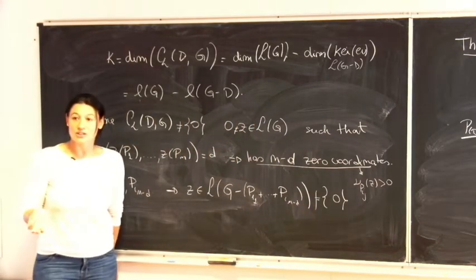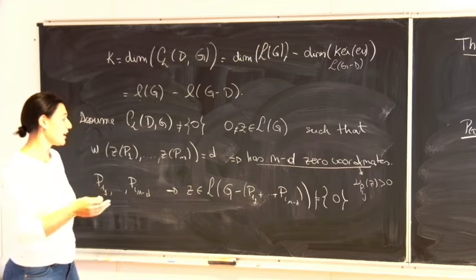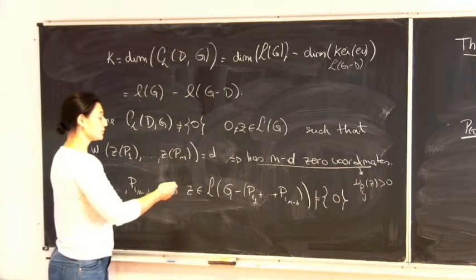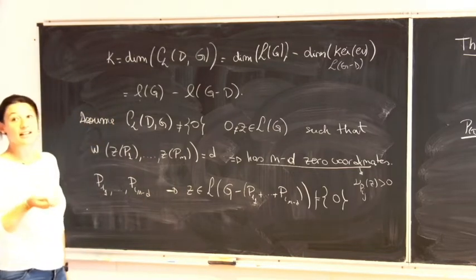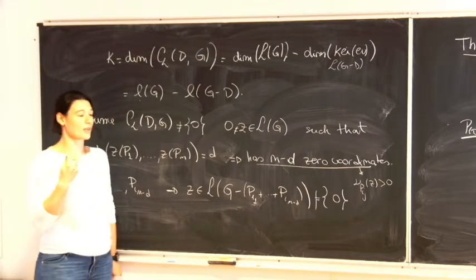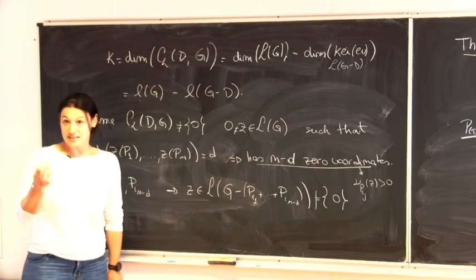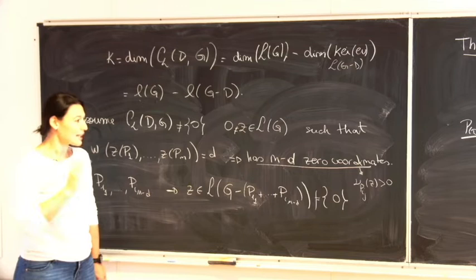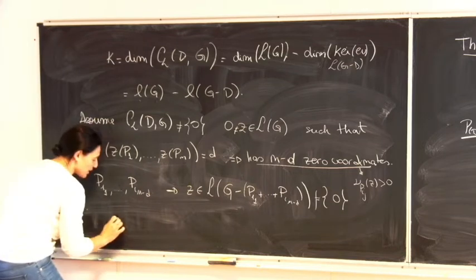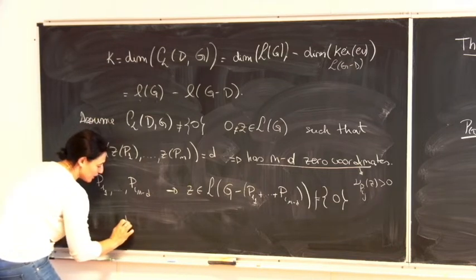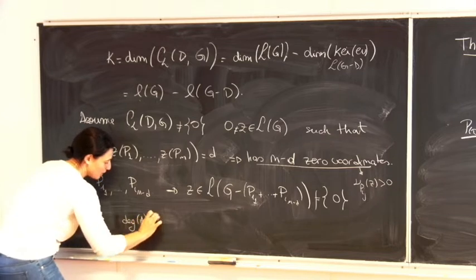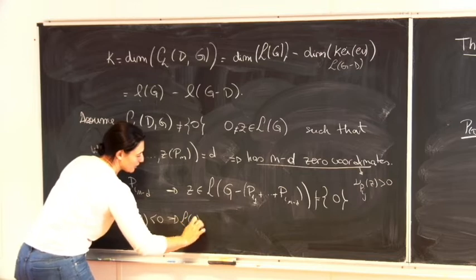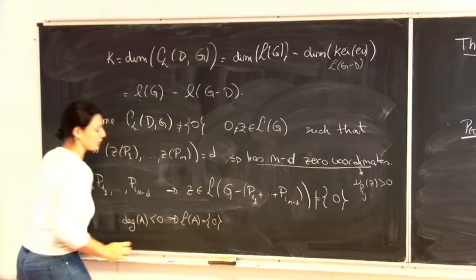And we had a result that says that if the degree of A was less than 0, then L of A was only the 0 element.